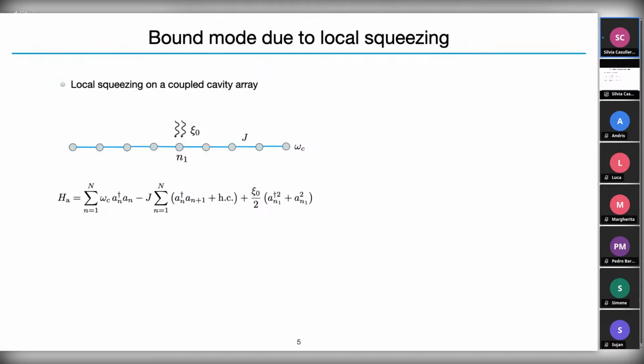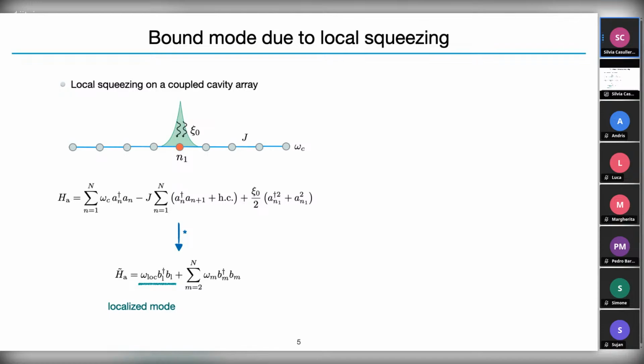And then what we do first, as usual, is to diagonalize the system. So now we can find a basis in which the Hamiltonian is diagonal, and with this we see that we have 2 kinds of normal modes. Since we are in the frame rotating at the frequency of the drive, omega c is actually the detuning. So everything will always be a detuning with respect to the frequency of the pump.